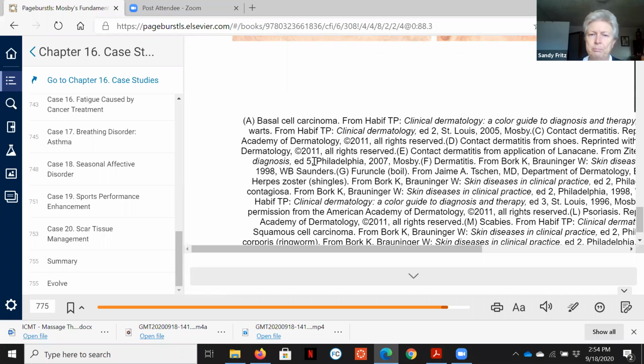There's likely to be some skin pathology on the MBLEX exam because it's contagious. Most all of this is contagious, not all, but most. So it's worth a review.